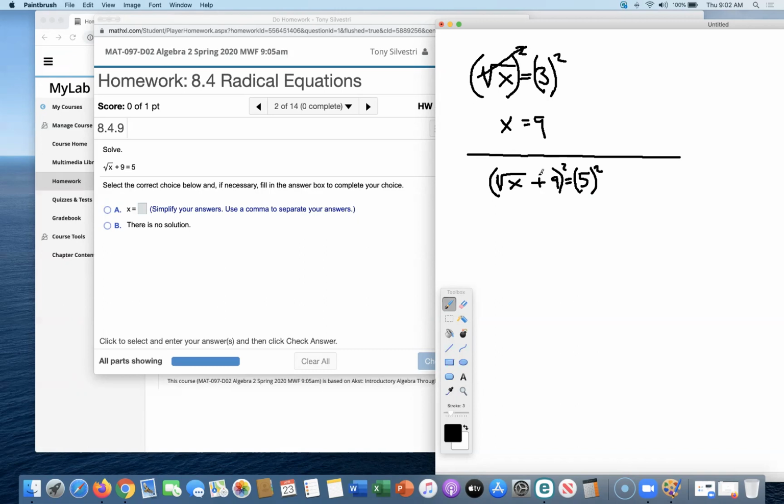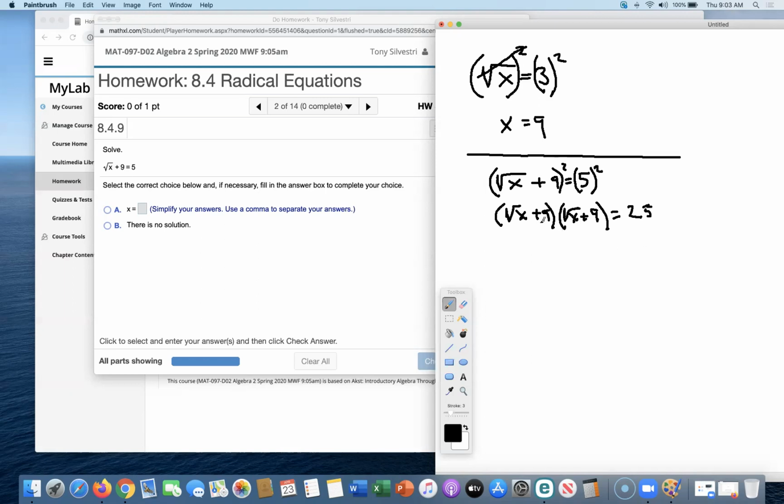When you see something like this, you have to take what's inside the bundle and square it, multiply by itself. That's what that square does. And so then you're going to see this and plus 9, and 25 on this side.